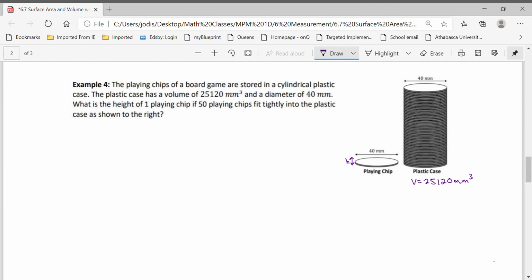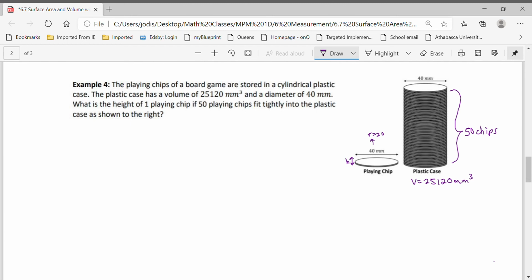If 50 playing chips fit tightly into the plastic case. So we know that this is 50 chips. Okay. So we know we're gonna need a radius. So for this one, right, radius is gonna be 20. Okay.